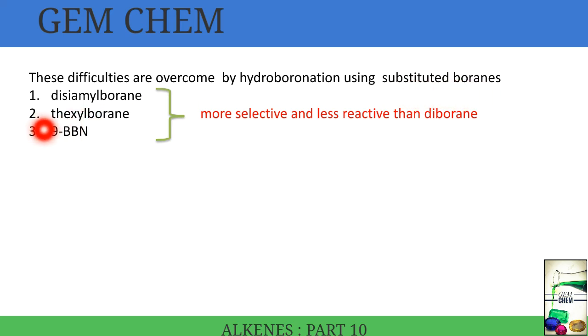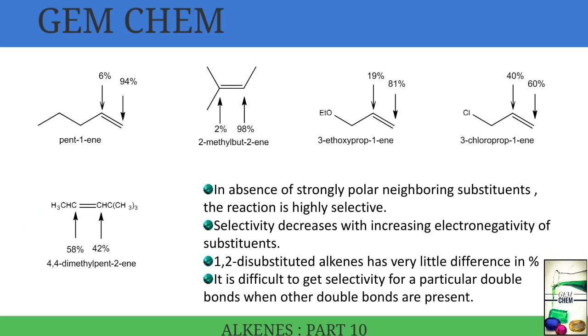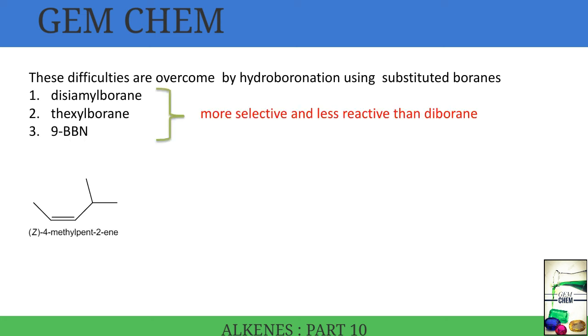We have already seen the formation of disiamyl borane, thexyl borane and 9-BBN. These are more selective and less reactive than diborane. So they are easily used to form the required product. Now if we see this alkene, it is disubstituted, and we have already seen the problem with disubstitution. When 1,2 is disubstituted, it has very little difference in percentage.